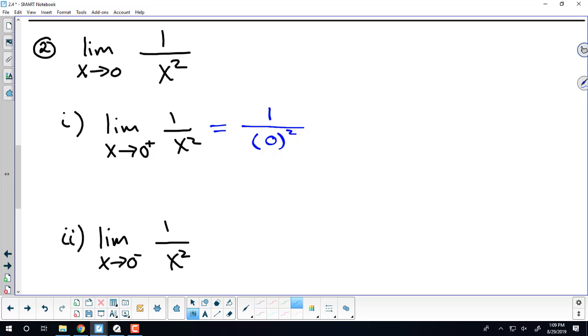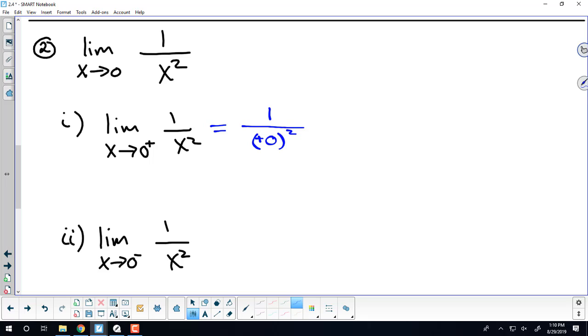I know this function's a little bit different because we have the square, but we still need to determine that we're approaching 0 through positive values of 0. And don't get into the habit of matching the superscript, whether I'm approaching this from the left or from the right. It's not always the sign on your zero. You really have to think about what's happening in the problem itself.